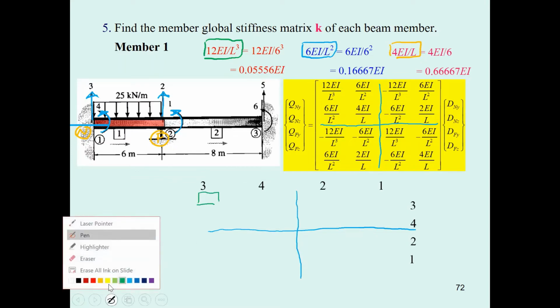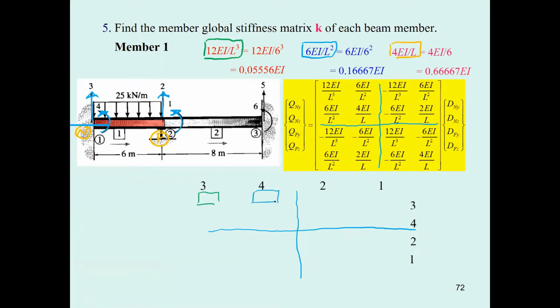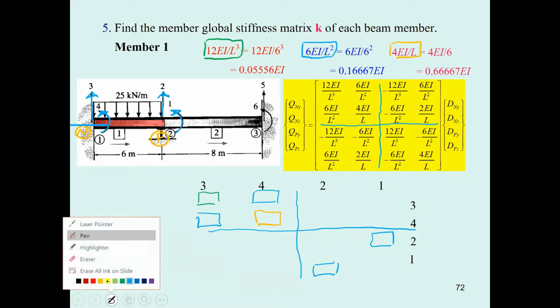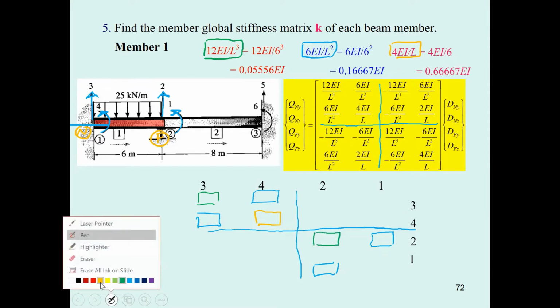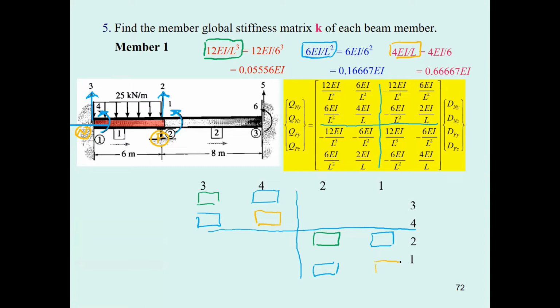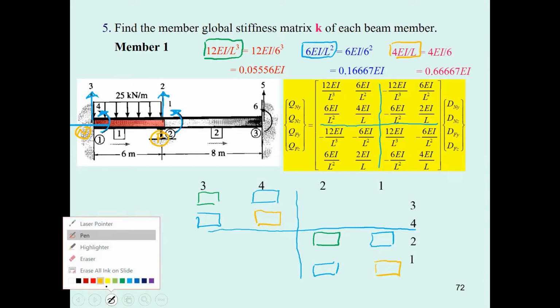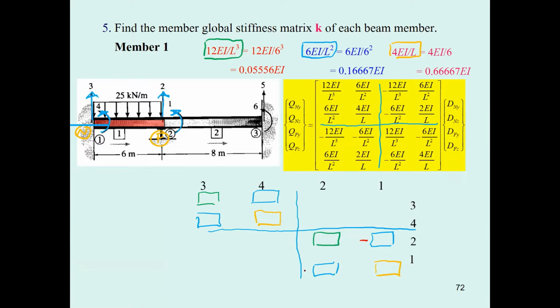This is green, this is light blue, this is yellow. Just put it like this, and this is going to be the light blue. Just put the light blue over here and light blue over here. The green, put it over here, and the yellow, put this yellow over here. And don't forget about the negative signs, six of them.